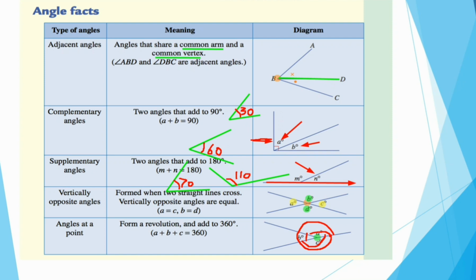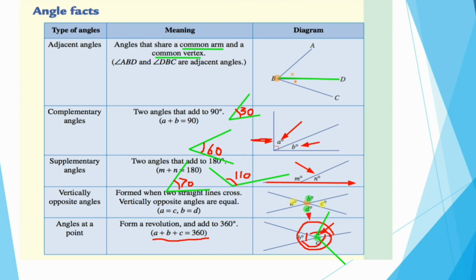And since they are forming a circle, so their sum will be 360 degree. So A plus B plus C is 360. Now here as many angles are formed, their sum will be 360. Suppose another line is this, one more line is like this. So we have one angle formed here.